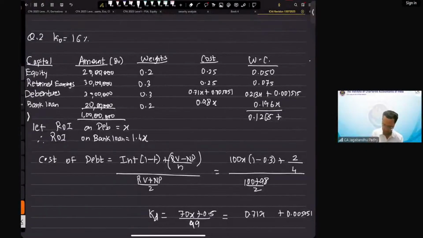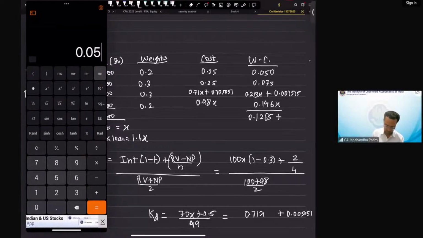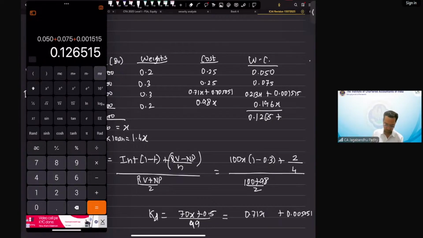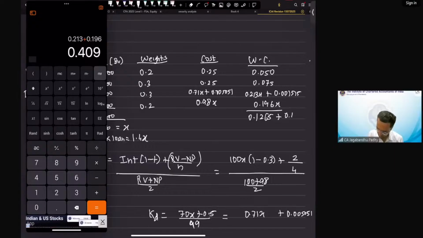Okay, so this is going to be equal to 0.050 plus 0.075 plus 0.001515. 0.1265, that's perfect, but this is going to be 0.213 plus 0.196, 0.409x.